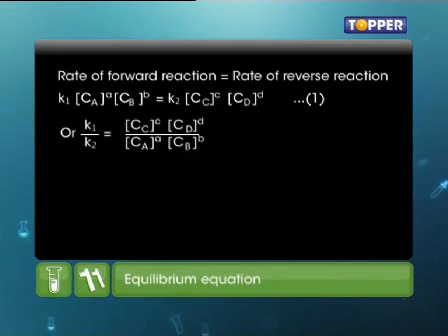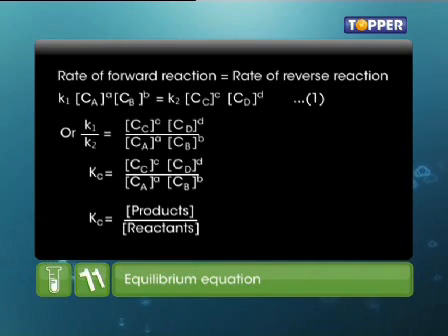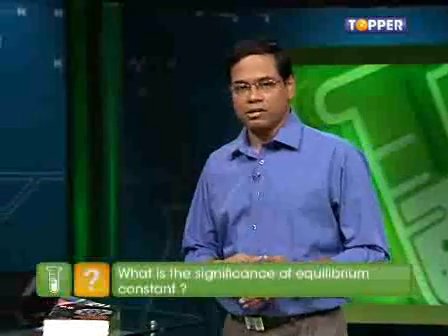On equating the two equations, we will get equation 1, and as K1 and K2 are constants, we can replace them with a constant capital K called the equilibrium constant. When the concentrations of the reactants and products are expressed in moles per liter unit, the equilibrium constant K is written as Kc. Now, let us try and understand what is the significance of the equilibrium constant.